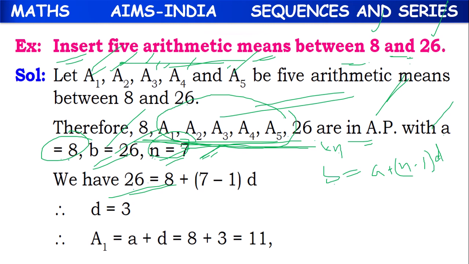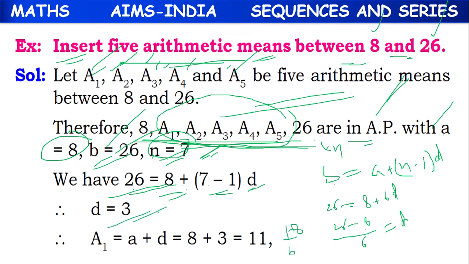So A value is 8, 8 plus (7 minus 1) into D, or 26 equal to 8 plus 7 minus 1, how much? 6D. 26 equal to 8 plus 6D. 8 will go this side, 26 minus 8, 6 will come this side, D equal to (26 minus 8) by 6, which is 18 by 6, equal to 3. So we have got D value 3.